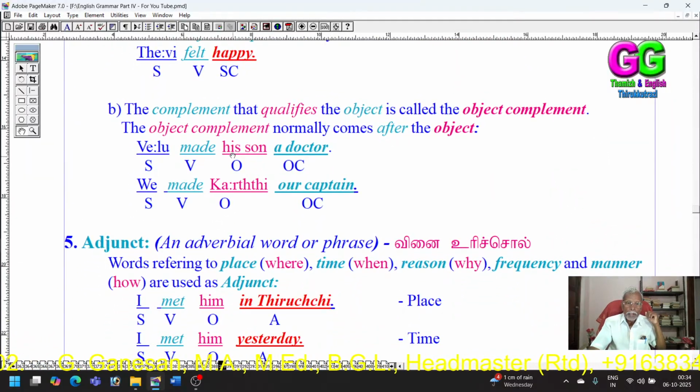Velu made his son a doctor. Velu is the subject, made the verb, his son the object, a doctor. Here, a doctor qualifies the object his son. So a doctor is called the object complement.